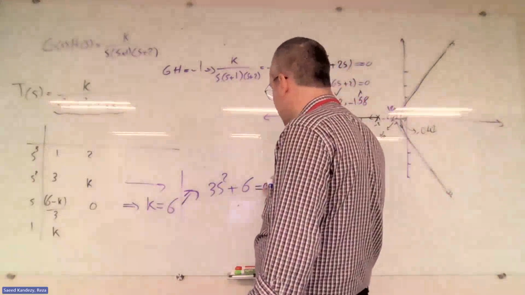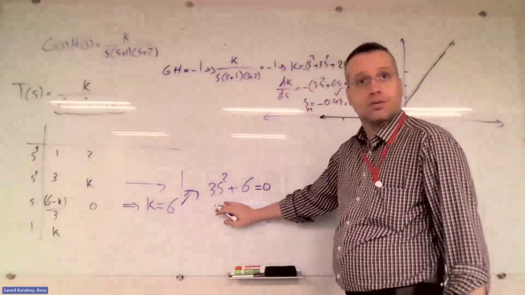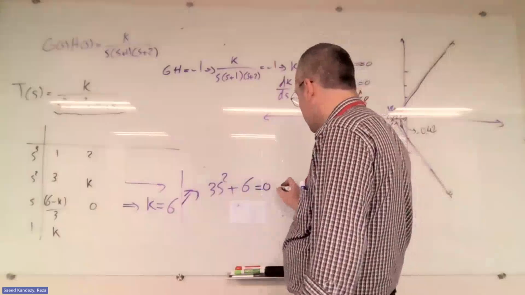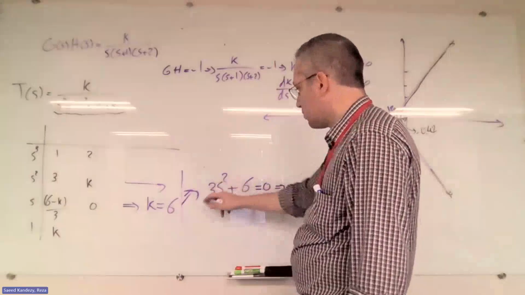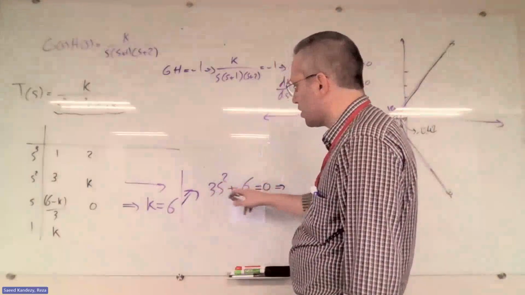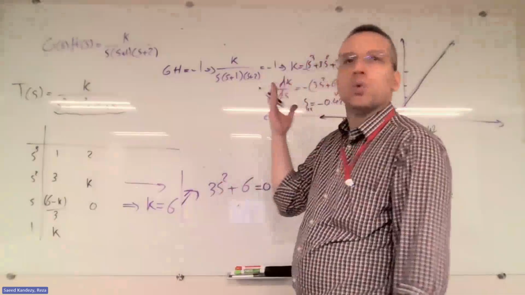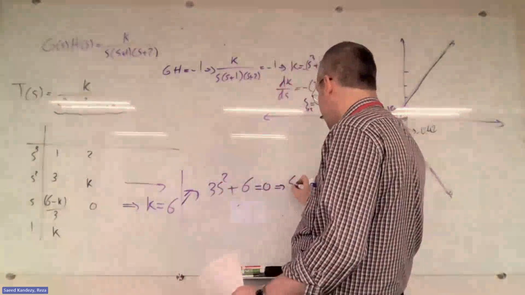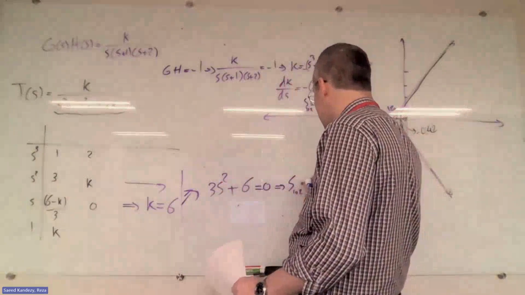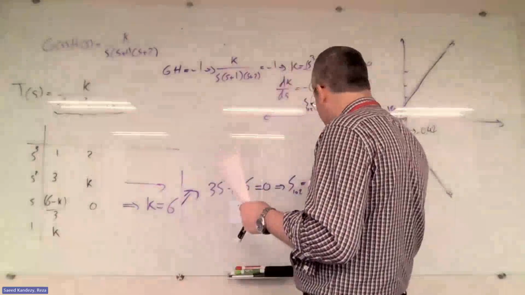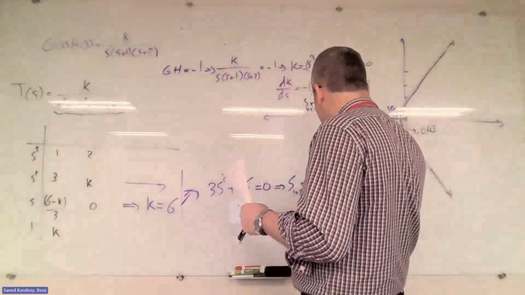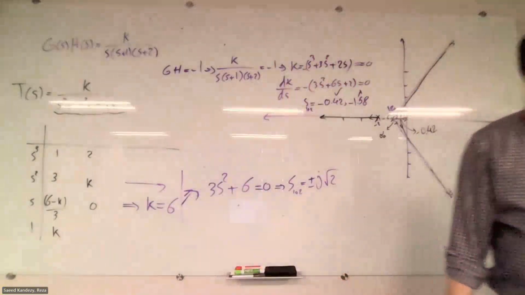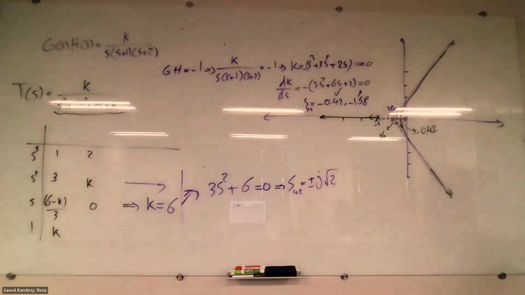If it's equal to 0, we want to find the roots. These two cancel each other out, so it's basically s squared plus 2. Okay, so s1 and s2 are going to be plus and minus j square root of 2. Right?